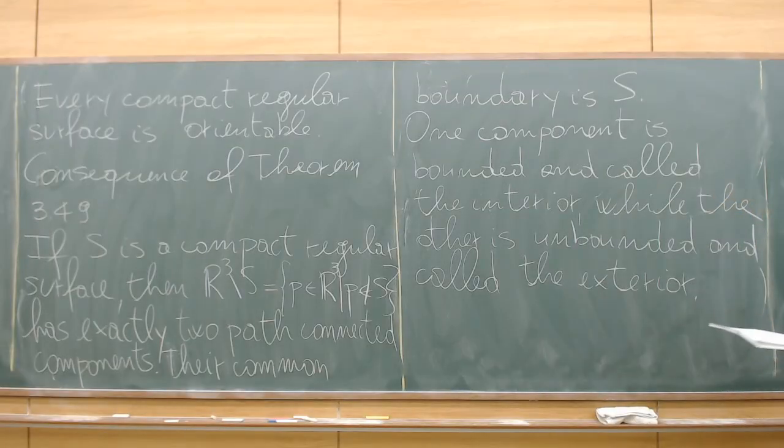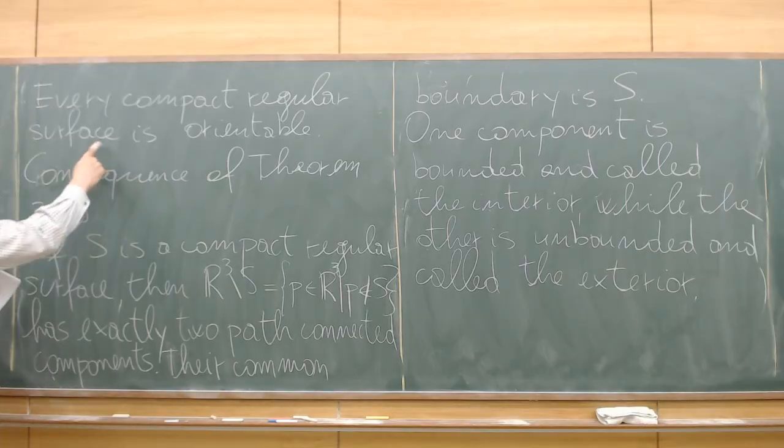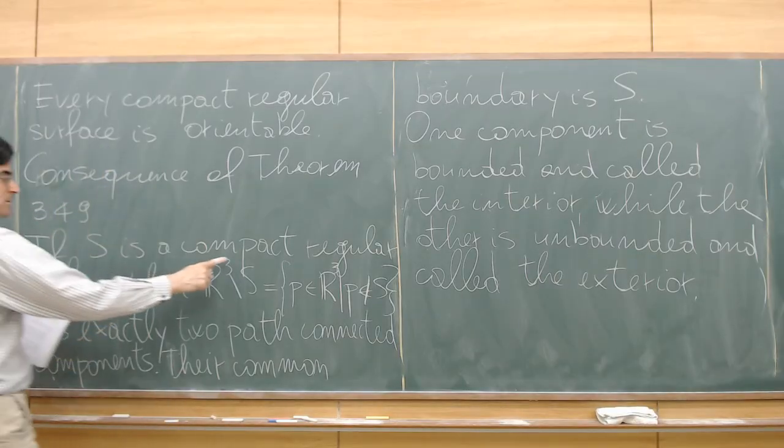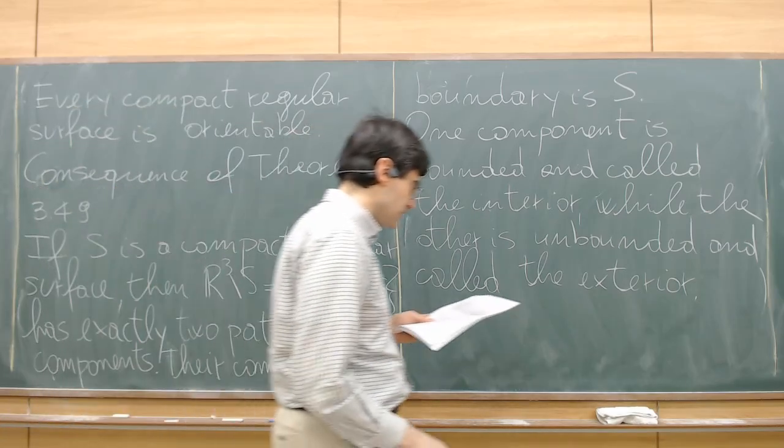Now, how to define a global unit normal field on a compact regular surface? This is easy.